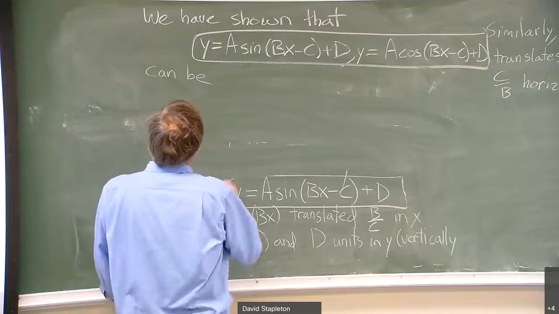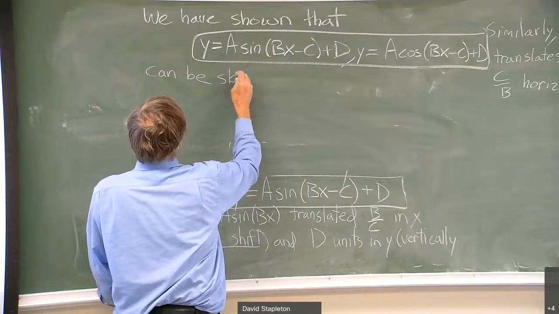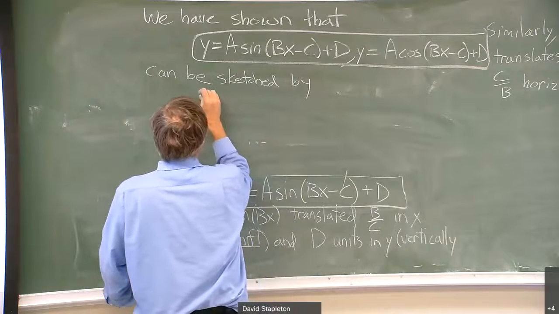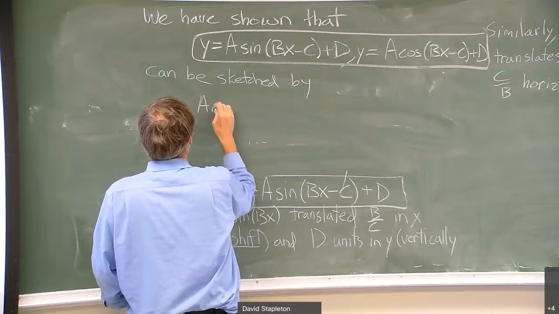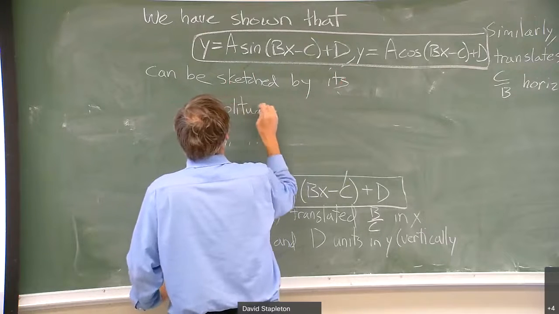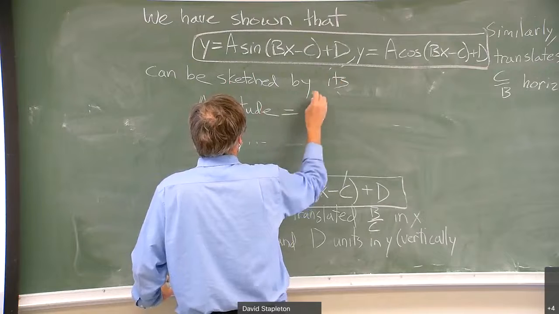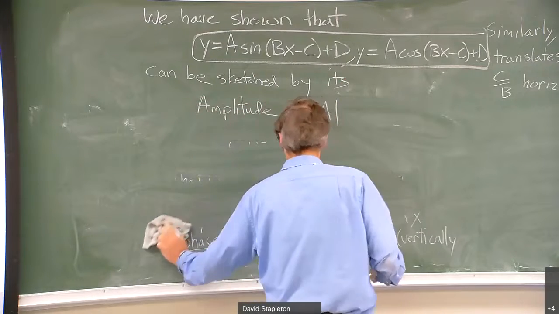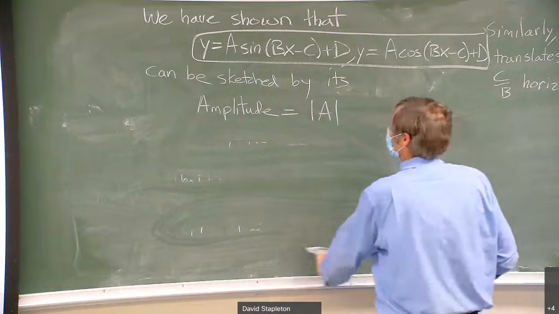But the easiest thing to do is say we can sketch it by, one, computing the amplitude. The vertical stretching factor is always absolute value of A. Right? That was our stretch.